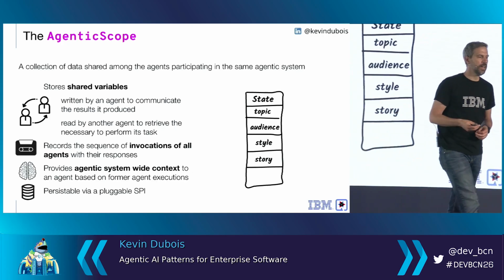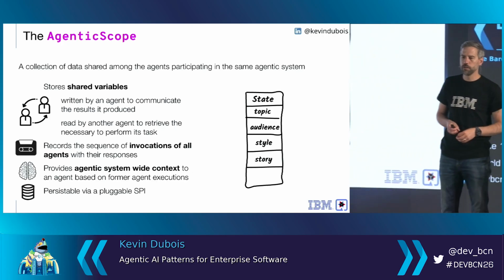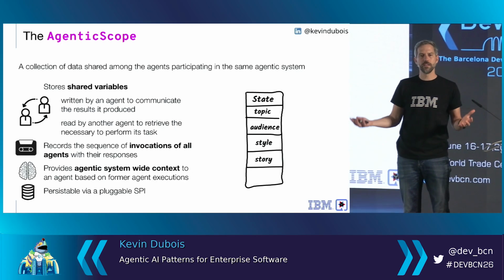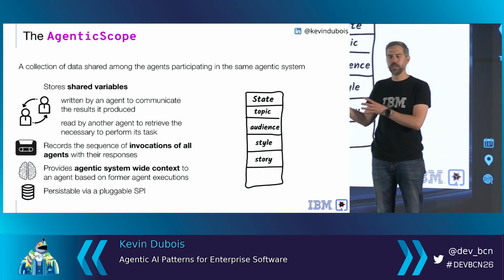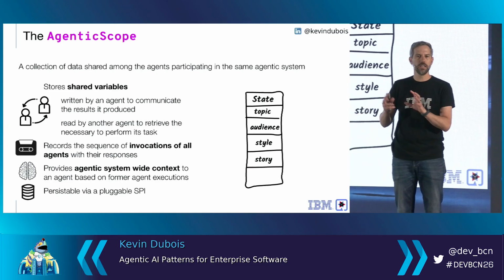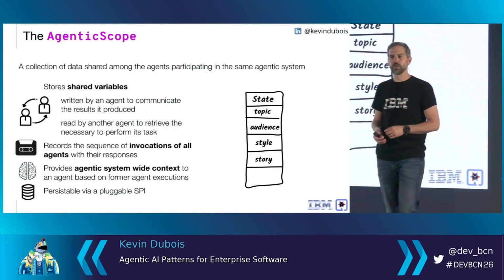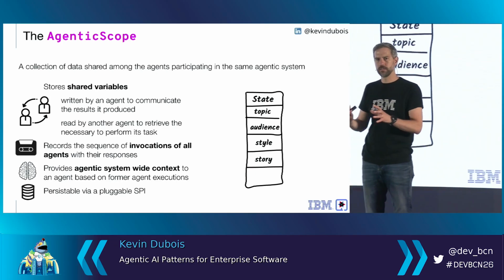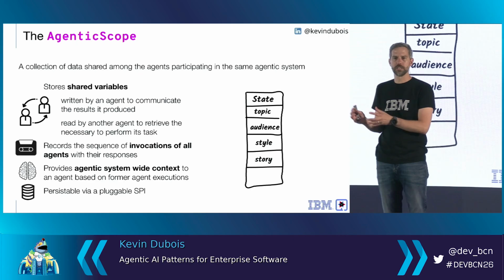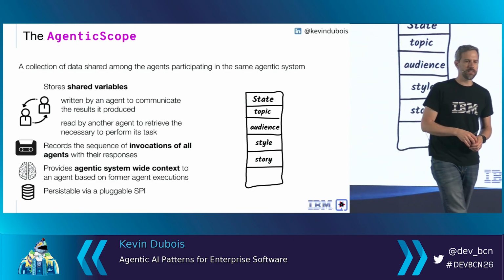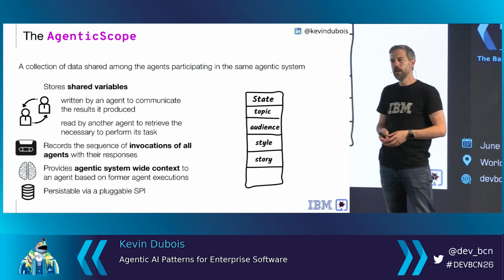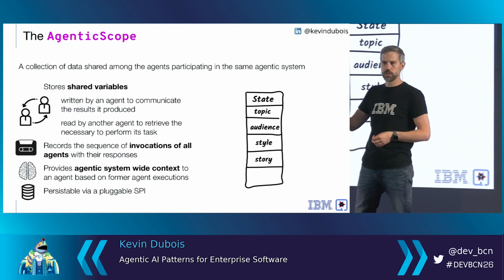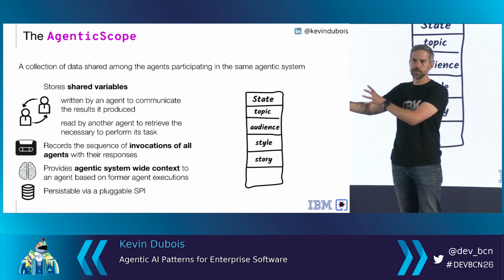But basically, this is a store of shared variables between the different agents, and then each agent can define which of these input values it is actually interested in. So you can have certain agents that you don't want to have access to specific data. Like imagine that your parent agent has access to a social security number, but one of your sub-agents calls another model that goes outside of the company.